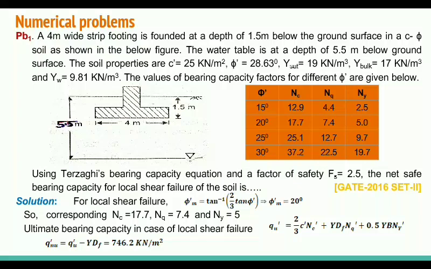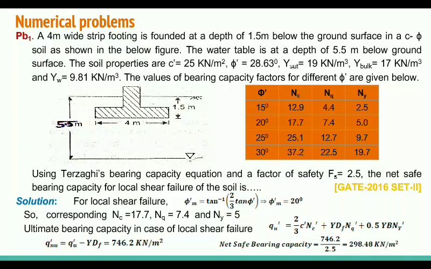We reduce the overburden pressure from the ultimate bearing capacity, so we get the value of 4746.2 kilonewton per meter square. Right, but we have to calculate the net safe bearing capacity, and the factor of safety is given, so we can calculate the net safe bearing capacity using the factor of safety, and we get 298.48 kilonewton per meter square.